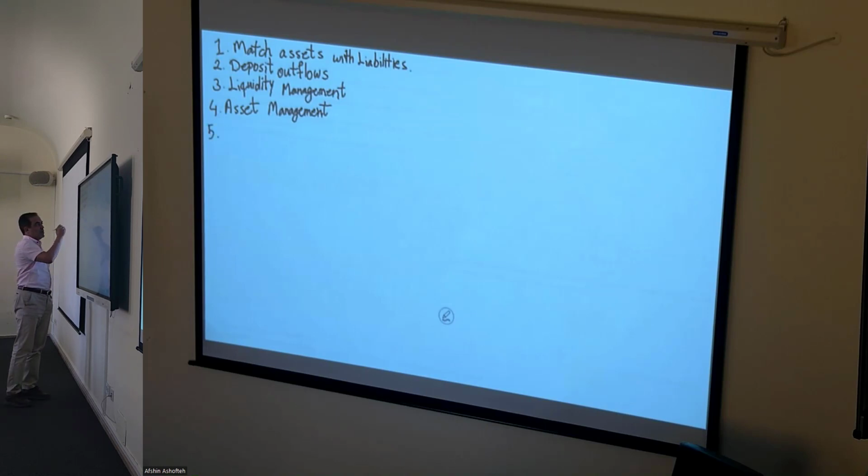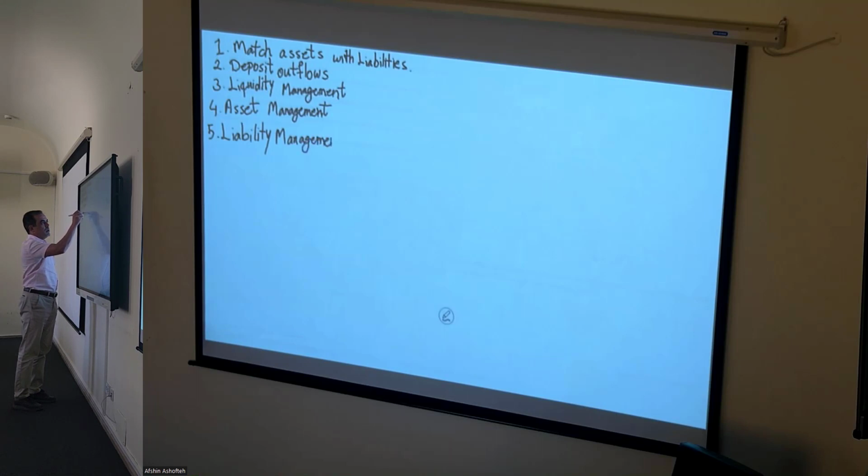The final one maybe is the liability management, acquire funds at low cost. Okay, so the risk management is also important and can be mentioned here.